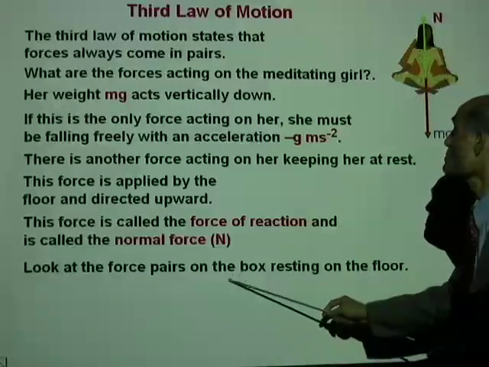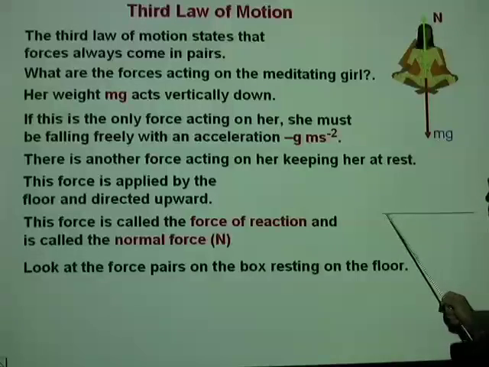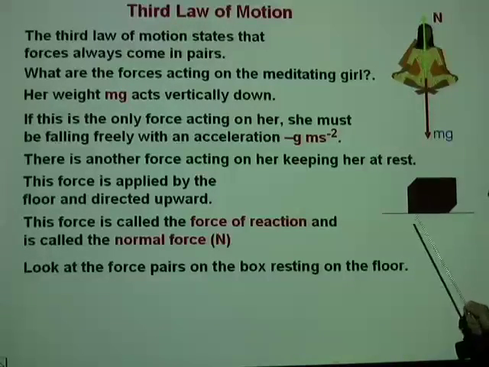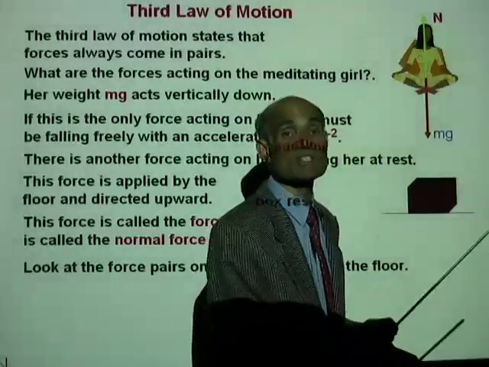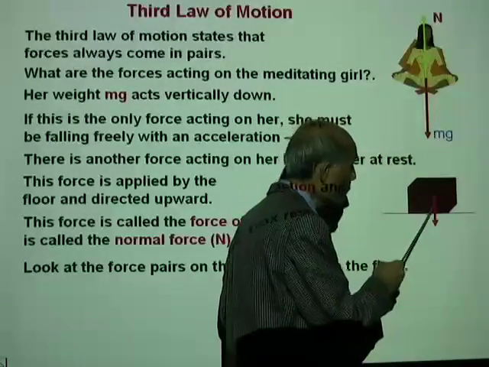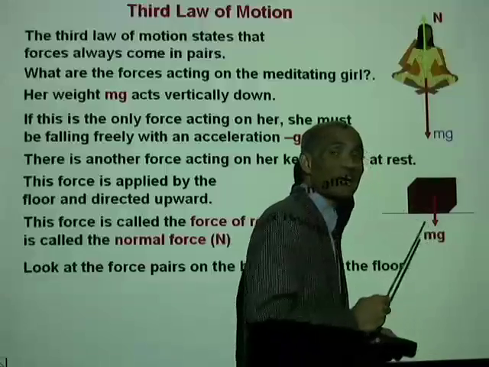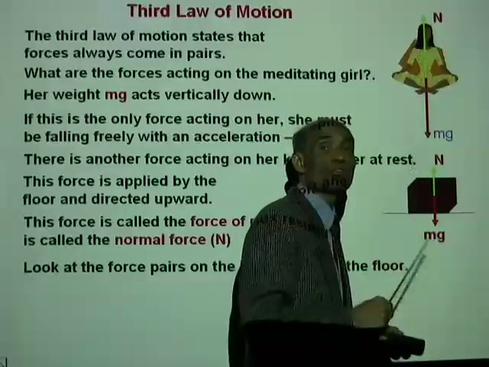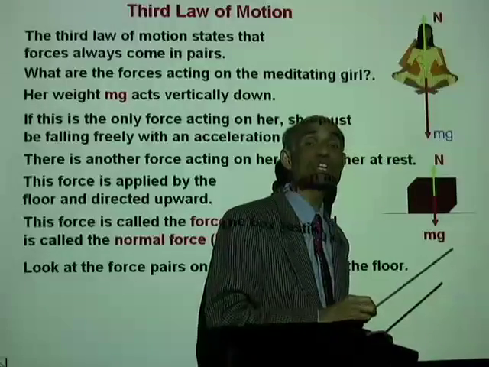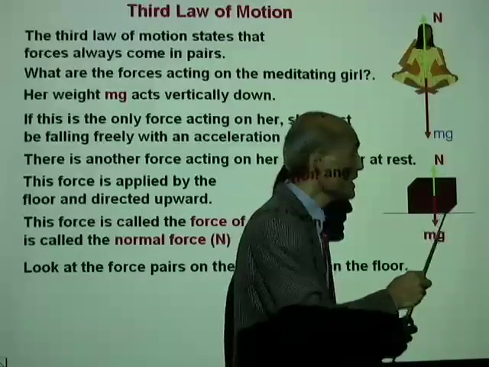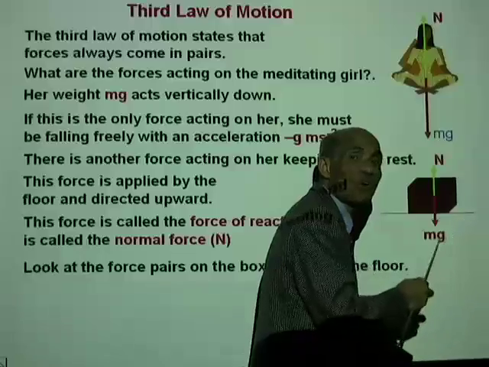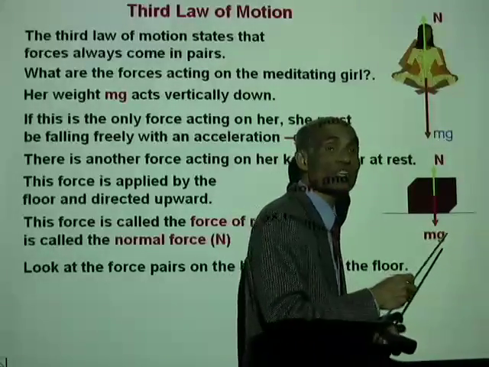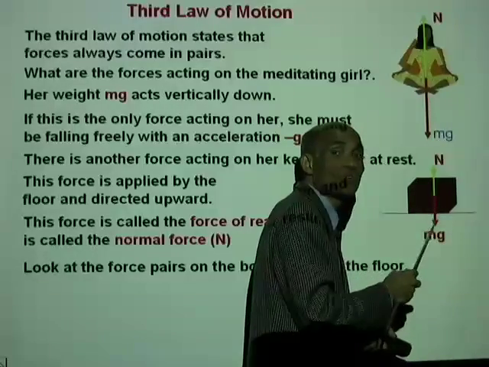Now, look at the force pairs on the box when the box is sitting on the floor. Here is a box. What are the force pairs on that box? The weight mg is acting vertically down, and the normal force N is acting vertically up. Now tell me, what is the net force on the box? The net force on the box is the sum of these two forces.